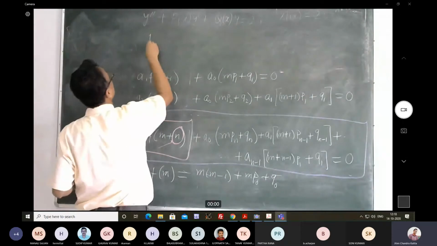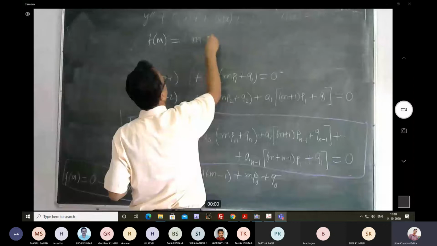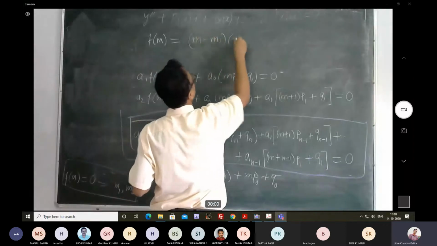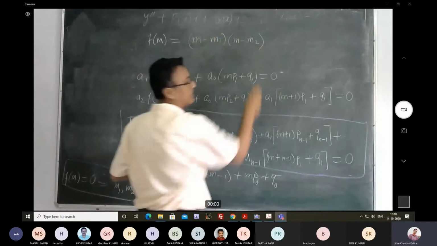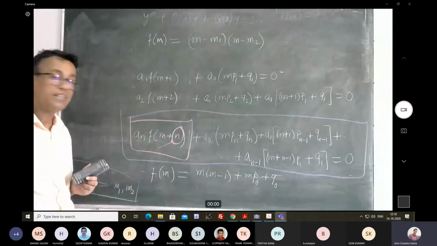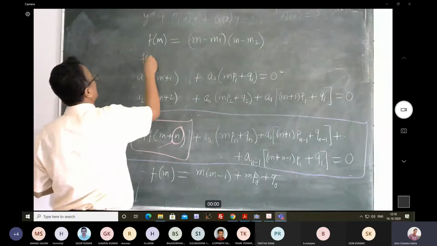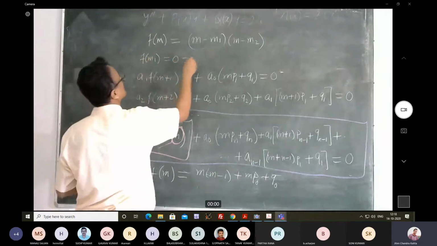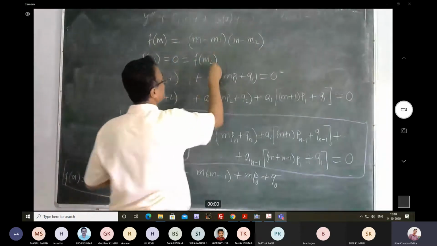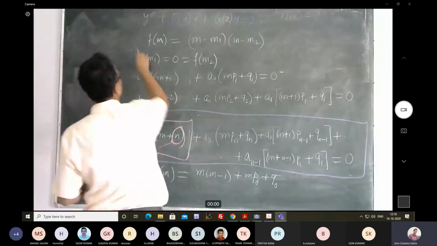So that means f of m can be expressed in terms of m minus m1 into m minus m2. Is it okay? Fine, right? And obviously, if m1 and m2 are roots, then definitely f of m1 equal to 0 equal to f of m2. Is it okay with everybody? Fine.